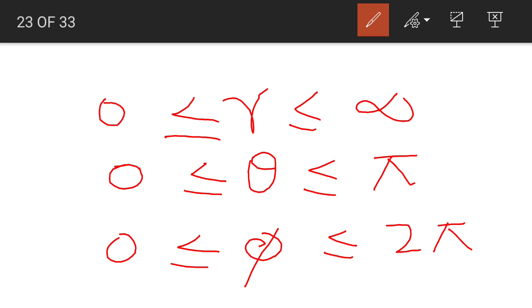So this is how we represent a point in the spherical coordinate system.